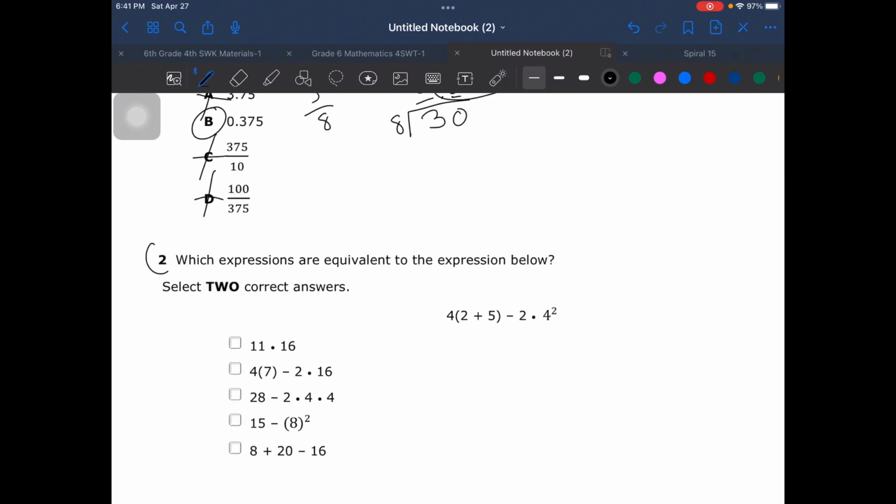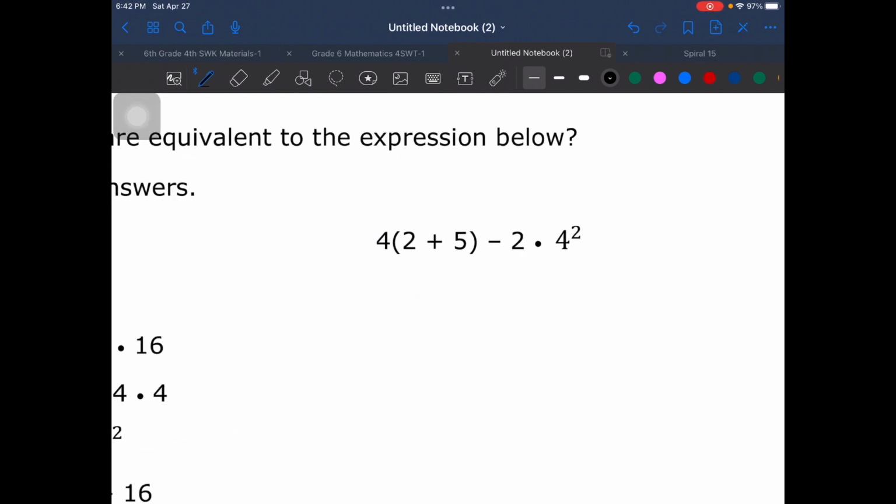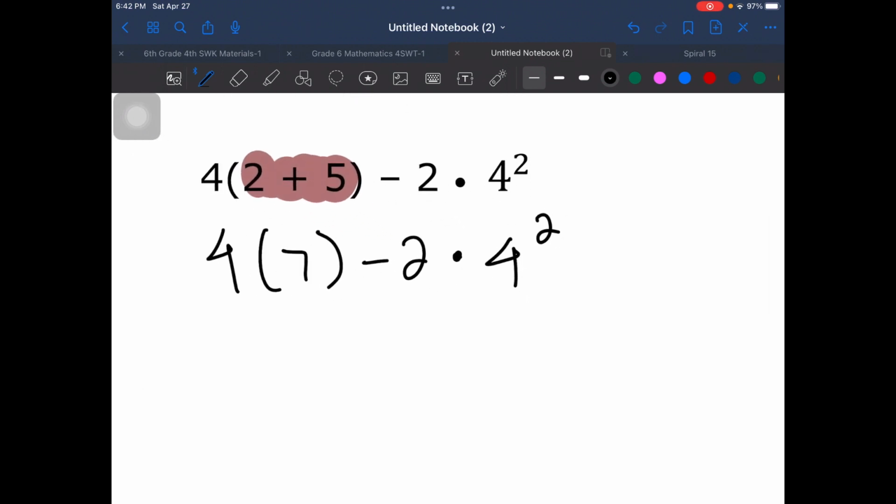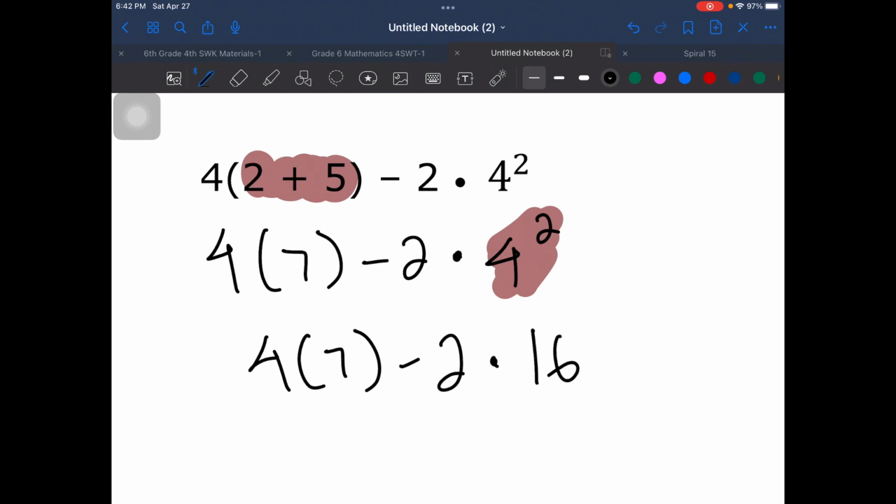Number 2. First thing you do is the parentheses. And then let's bring everything else down. Second thing you do, the exponent, which is 16, and then we bring everything else down. Traemos para abajo todo lo demás.